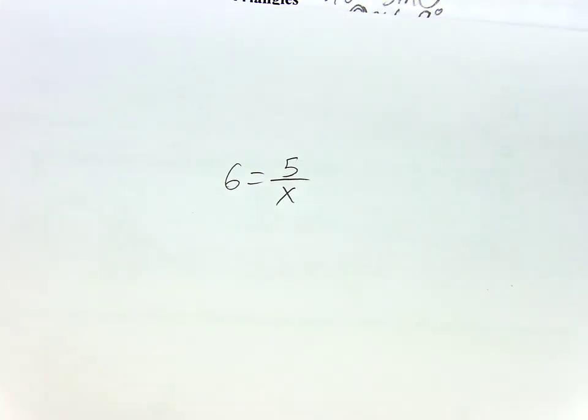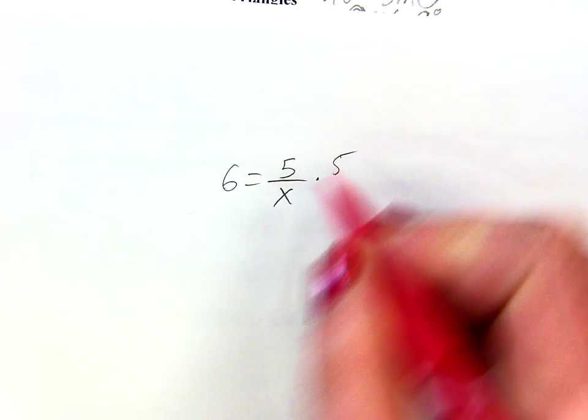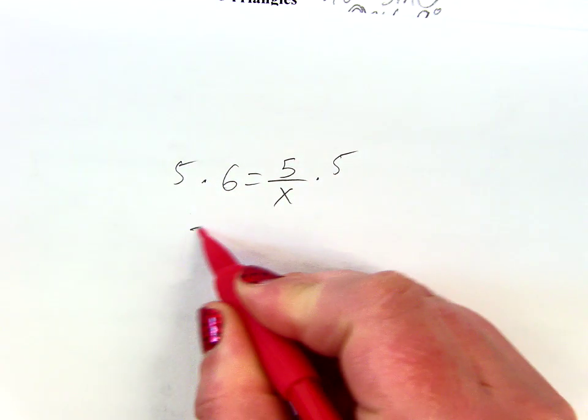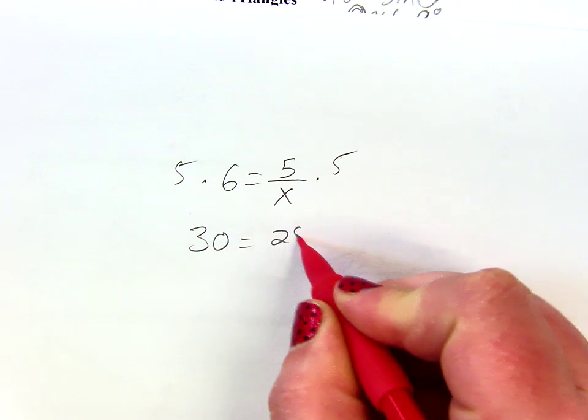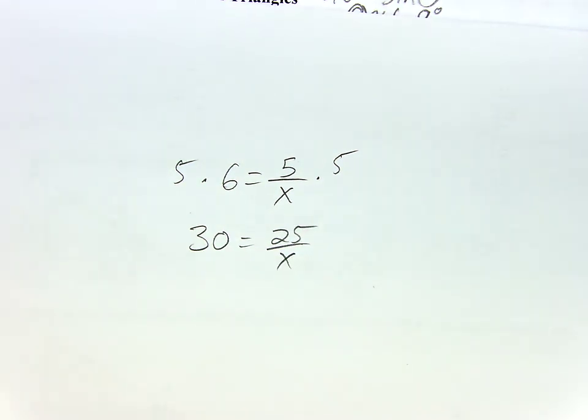How do you do that? No. I mean, you can't. If you multiply both sides by 5, this is what you get. You'd get 30 equals 25 over x. You didn't make your life any easier.